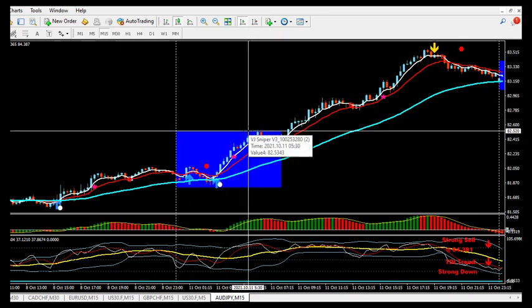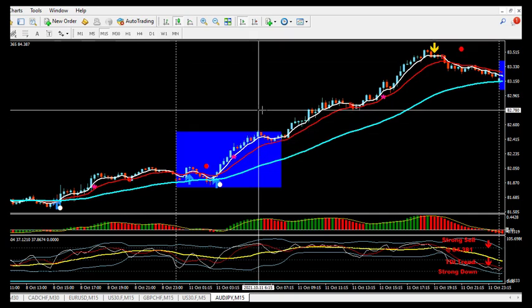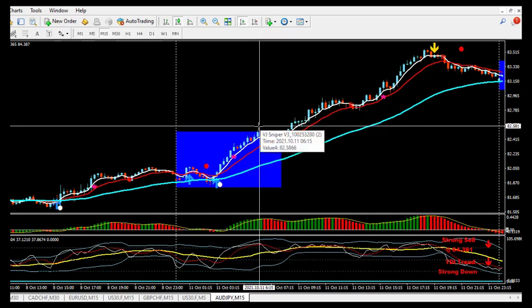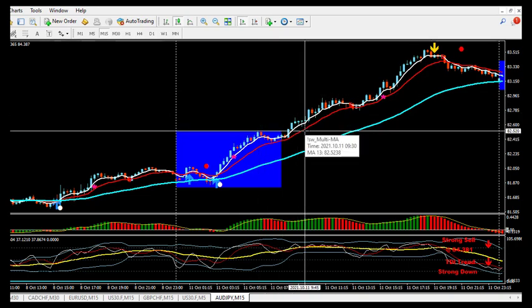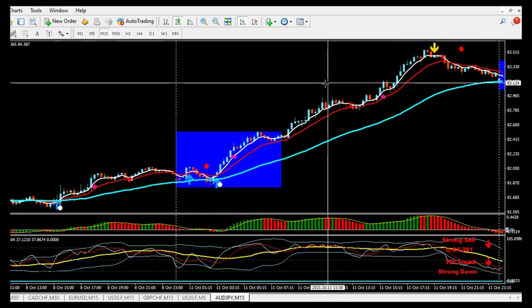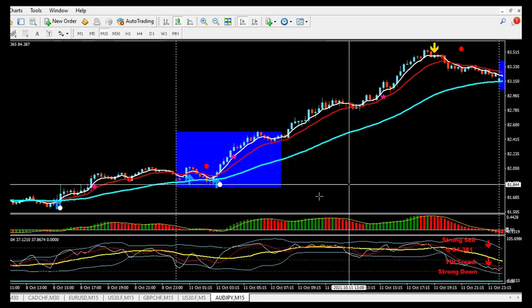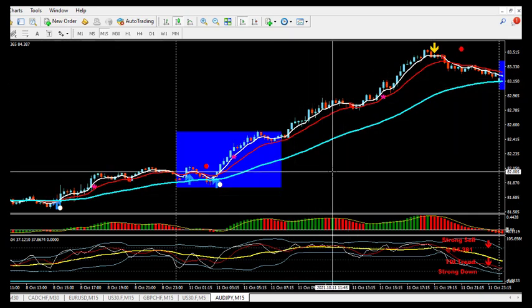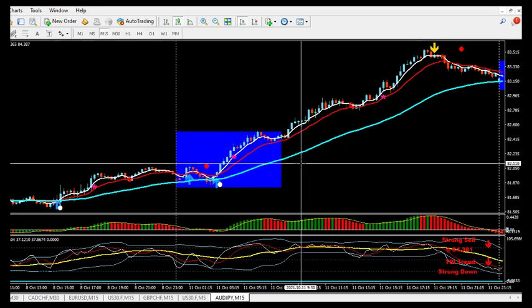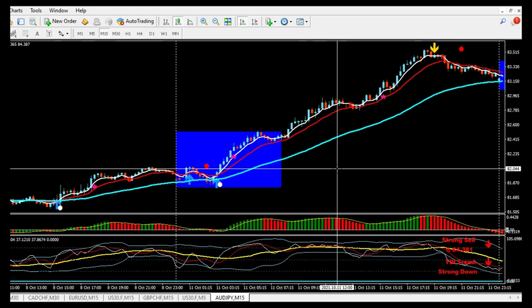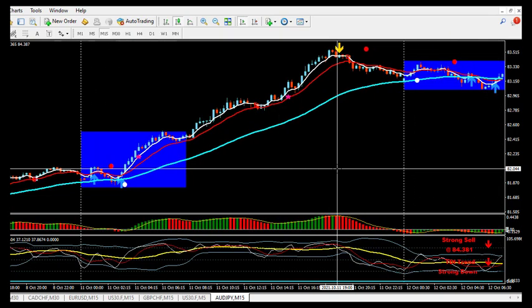This was the highest for the Asian market, and that was the highest point there. So at this point, you enter again and put your stop loss below this line or below the 50 moving average, and you ride your trend also.